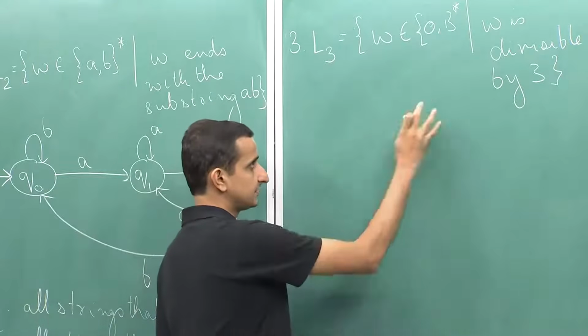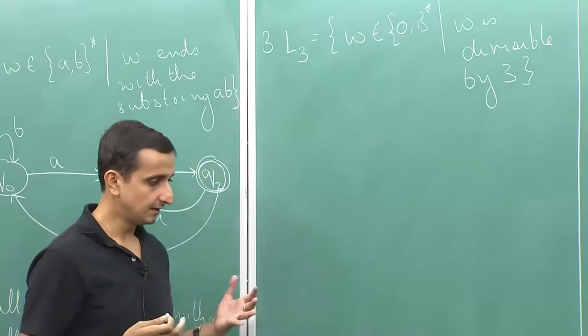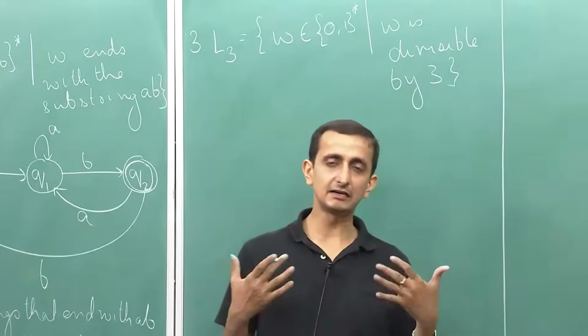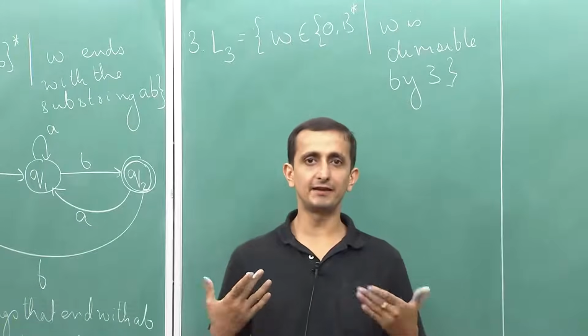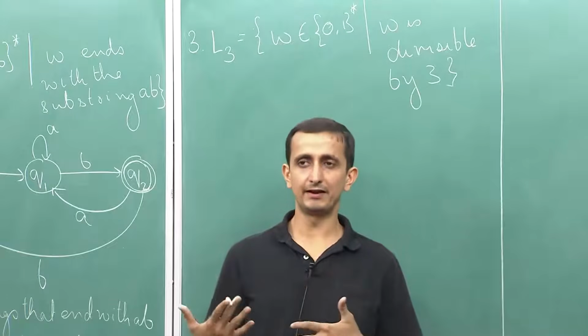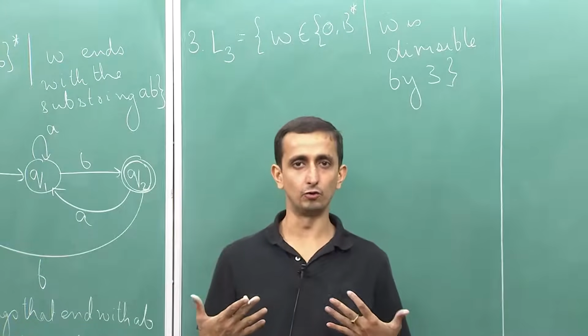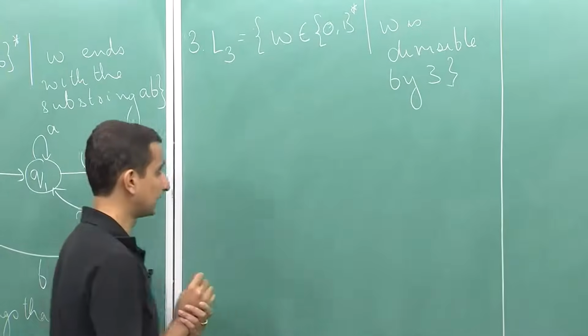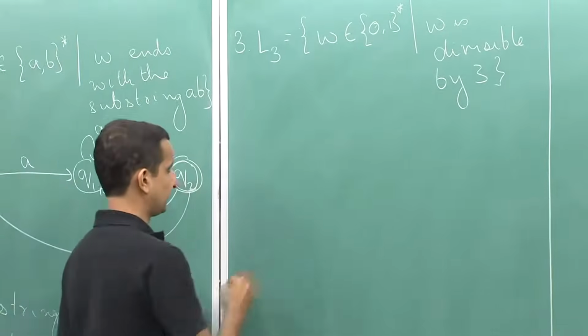So, since we are looking at divisibility by 3, note that every string will have the property that either the string when divided by 3 leaves a remainder 0 or it leaves a remainder 1 or it leaves a remainder 2. Okay. So, every string has one of these 3 properties.